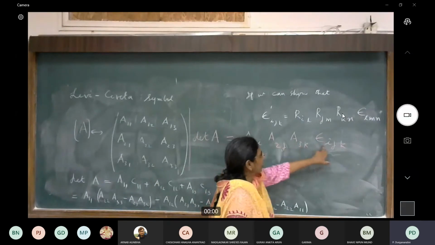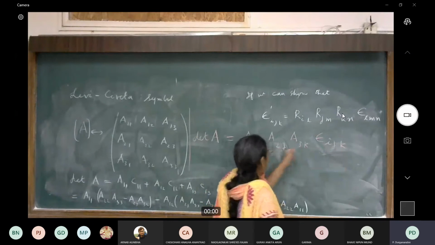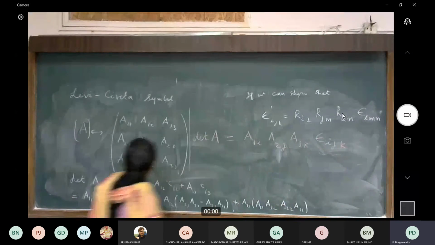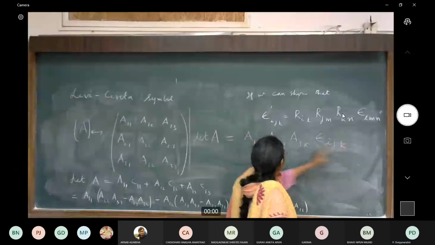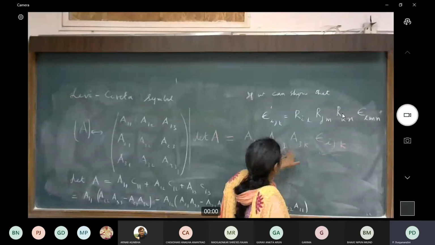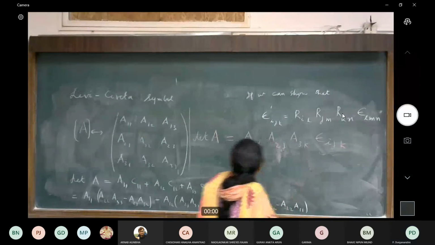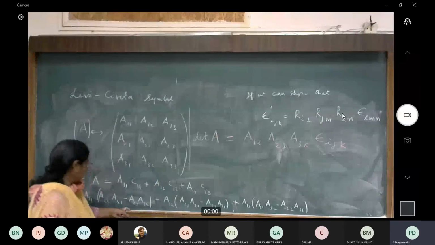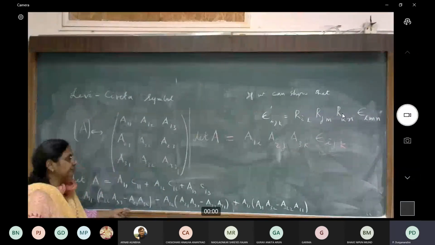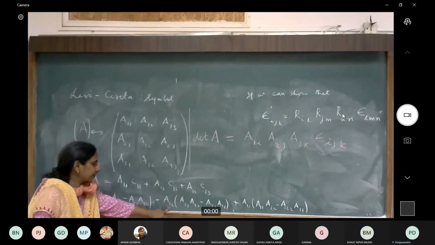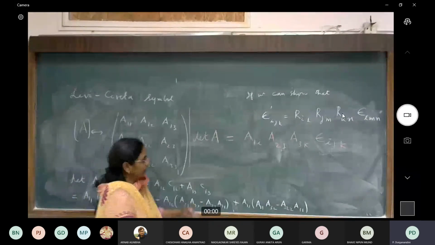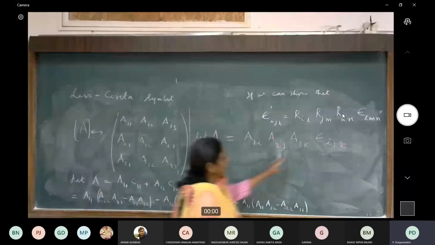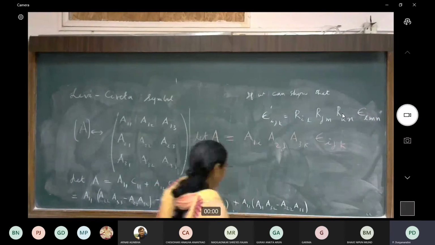Then I'm going to get epsilon 123 here, which is plus 1, so I get this first term. But suppose it takes values 2, 1, 3. In that case, I'm going to get a minus, because it will become minus A12 A21 A33. So automatically the signs are taken care of and this whole expression becomes very neat.